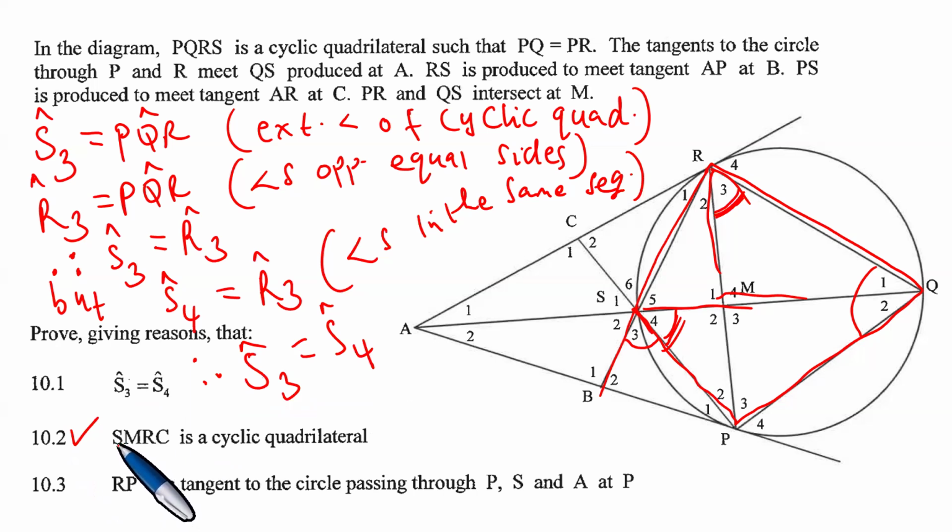We want to prove, giving reasons, that SMRC is a cyclic quadrilateral. Here is S, here is M, here is R, and here is C. It's a cyclic quadrilateral.